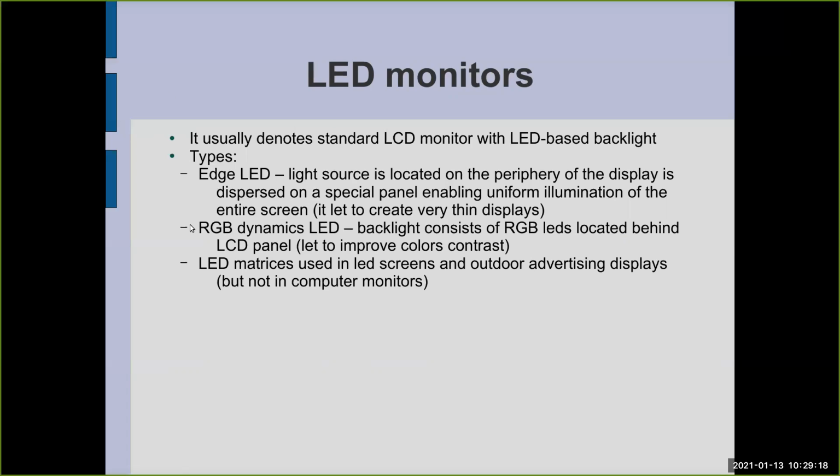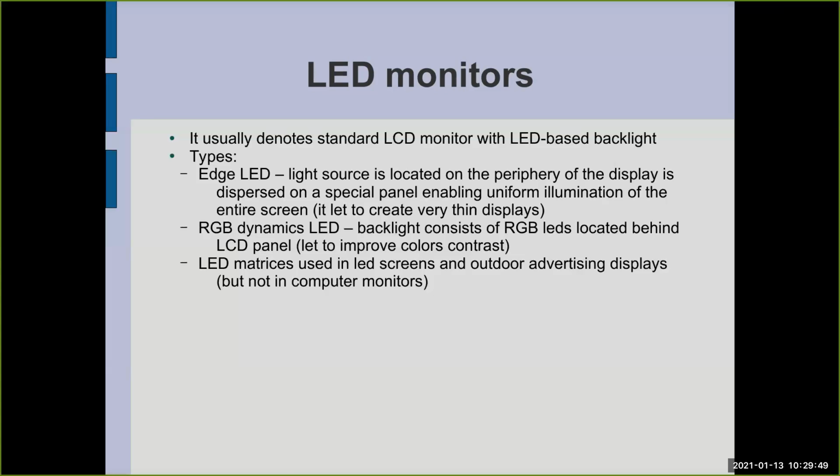The second kind, which is denoted as dynamic LED, creates a backlight in regions. So LEDs are located on the whole surface of the display, and the regions which are black can be generated by turning off the LEDs in a particular region.